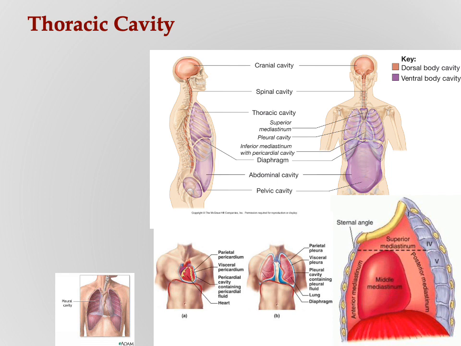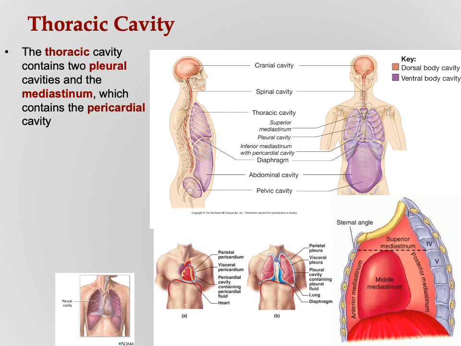So the thoracic cavity, we're now zooming in on the subcavities. 2 pleural cavities and the mediastinum, which once again contains the pericardial. So in the bottom right, you can see there a nice diagram. Really, the mediastinum itself has more subcomponents to it. The anterior mediastinum, the middle, the superior, posterior.